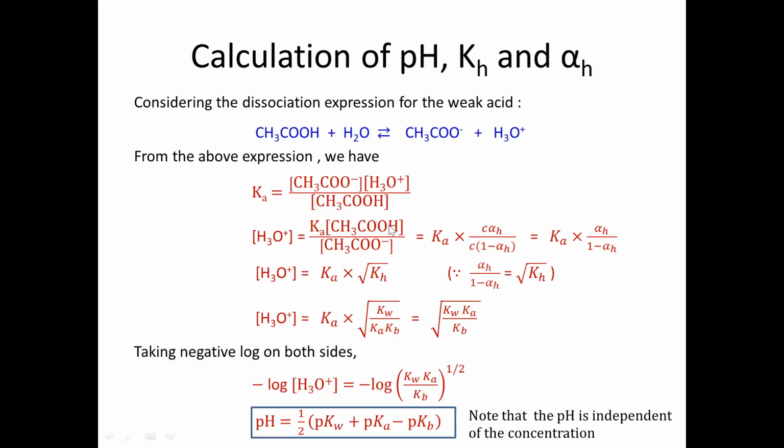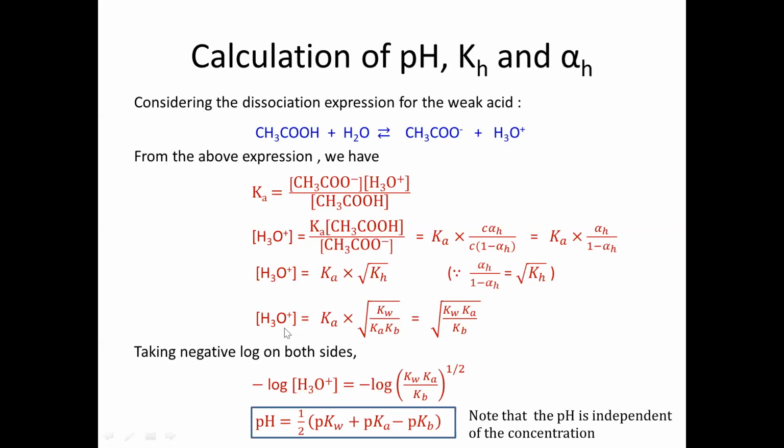So for acetic acid we can write C alpha, and for acetate ions we can write C into 1 minus alpha. Simplifying this, we get H plus ions is equal to Ka into under root KH, and we know that the expression for KH is equal to Kw upon Ka into Kb.